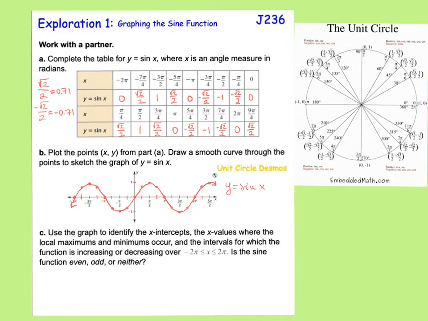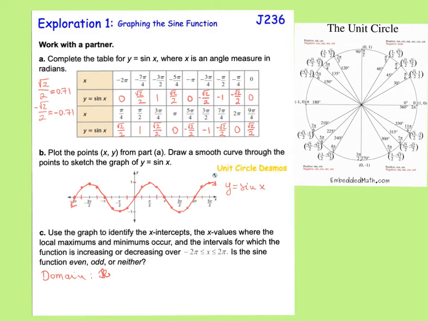So let's go ahead and look at our domain for this function. Since the graph is going to go left and right to infinity, the domain is going to be all real numbers. So let's put domain, and it's going to be all real numbers.